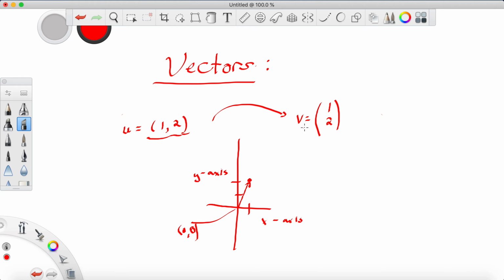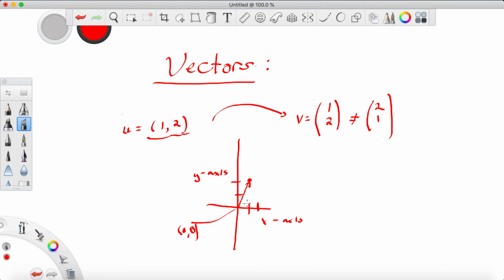Now, the neat thing about vectors is that the way you put the numbers in the vector matters, right? So 1, 2 is not the same thing as 2, 1. Obviously, they're not written in the same way, but what would 2, 1 correspond to?